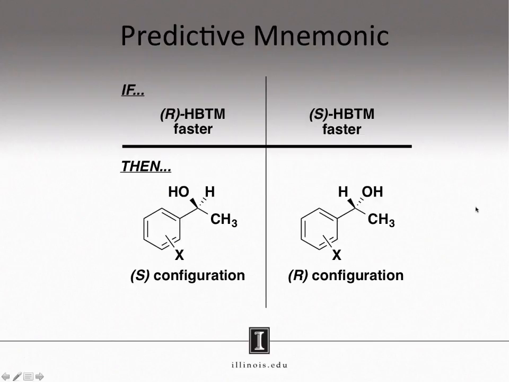Okay, so we're going to have a matched reaction and a mismatched reaction. The matched reaction will be faster. If we know which reaction is faster, we know what enantiomer of alcohol we have. How will we determine which reaction is faster? To do this, we will look at conversion.